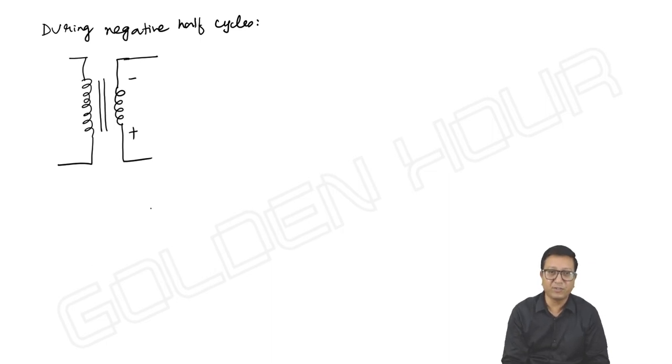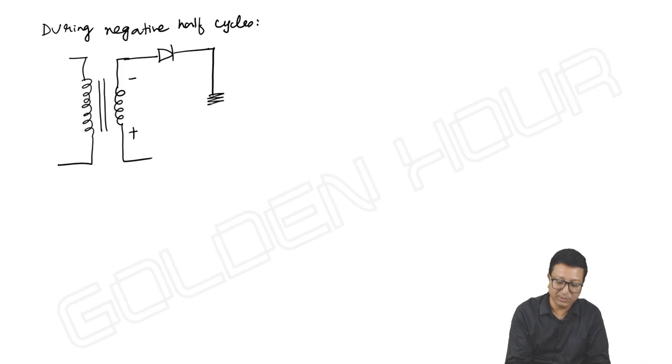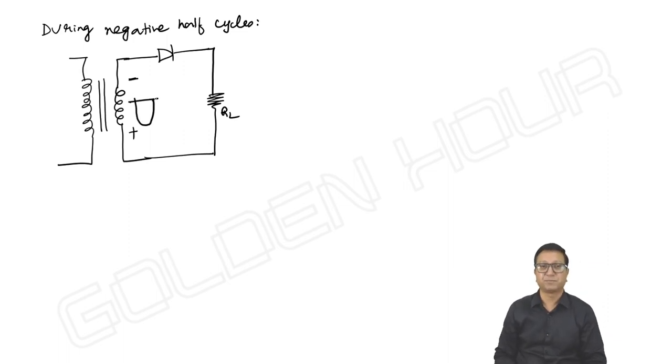So if you take the diode and the load resistor like this, is there any possibility for the diode to conduct? Just I am changing the polarities just to say that it is a negative half cycle. It is like connecting a negative source.